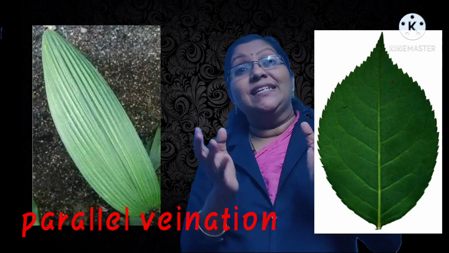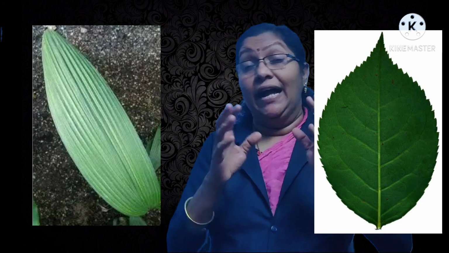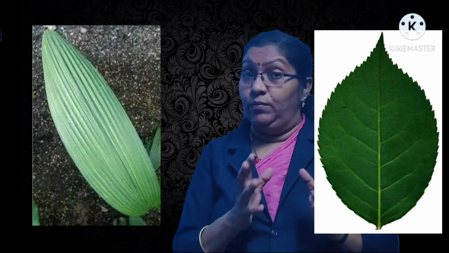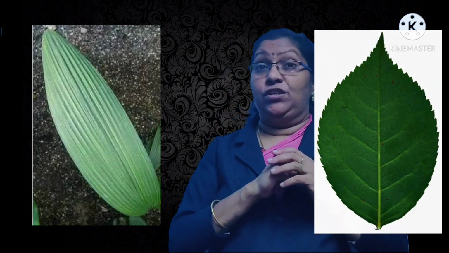Now the leaf is designed in a special manner. The arrangement of veins is called venation. Two types of venation are there: reticulate venation and parallel venation. I hope you have understood the differences. To understand it, you can just observe the picture of the rose leaf.